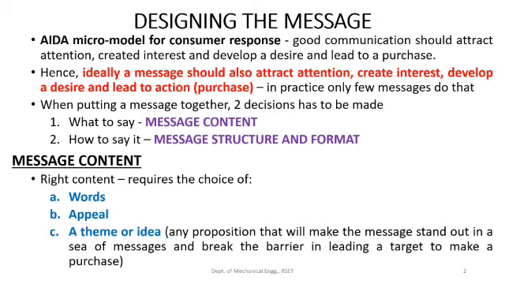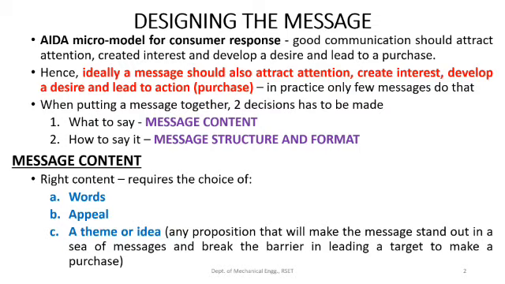You have lots of messages that have been communicated to the consumers by rival companies, by the competitors. So it is essential that there is a theme or idea that makes your message stand out from amongst the competitors and will lead to breaking barriers that prevent the consumers from making a purchase.